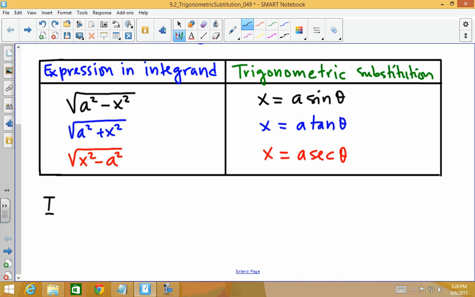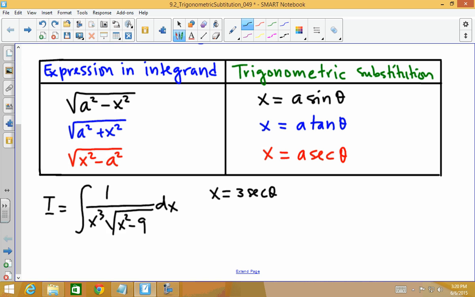Let's call the integral I. I is the integral of 1 over x cubed times the square root of x squared minus 9 dx. We set x to be 3 secant theta. Since we are doing a substitution, we need dx: the derivative of 3 secant theta is 3 secant theta tangent theta, because the derivative of secant is secant tangent, and d theta.